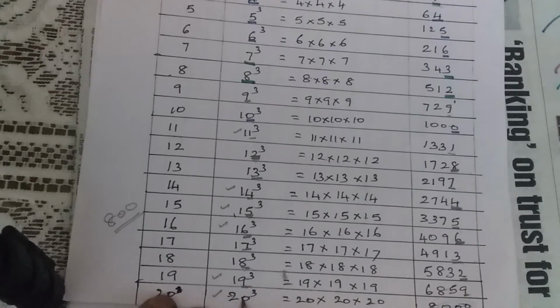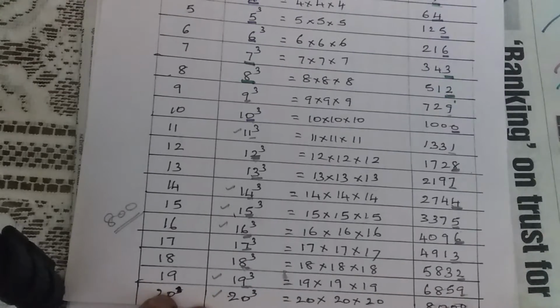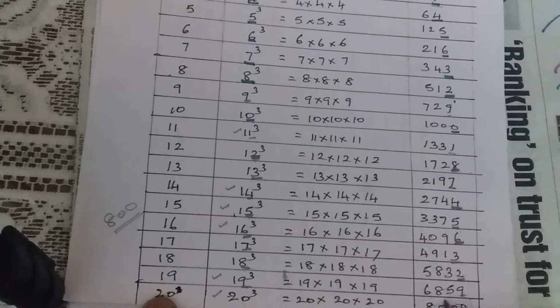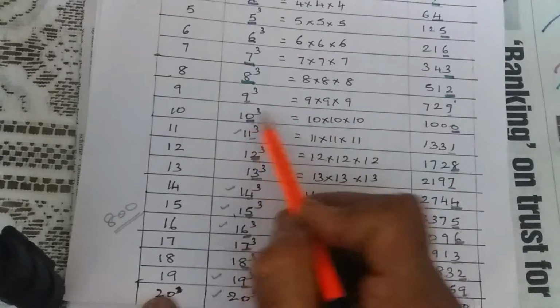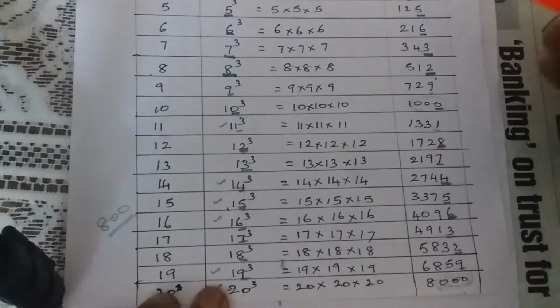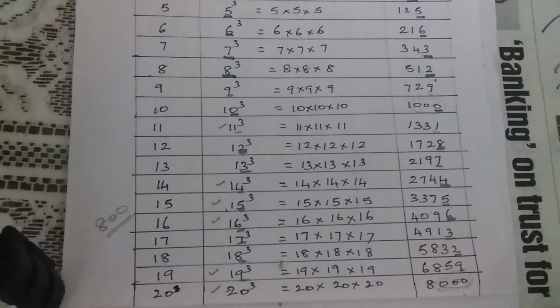Same way in cube, it should end with a multiple of 3 zeros. Look at it. Cube of 20 is 8,000, 3 zeros. And cube of 10 is 1000, ending with 3 zeros. This is another property. So these are the basic properties of cubes and cubes of the numbers.